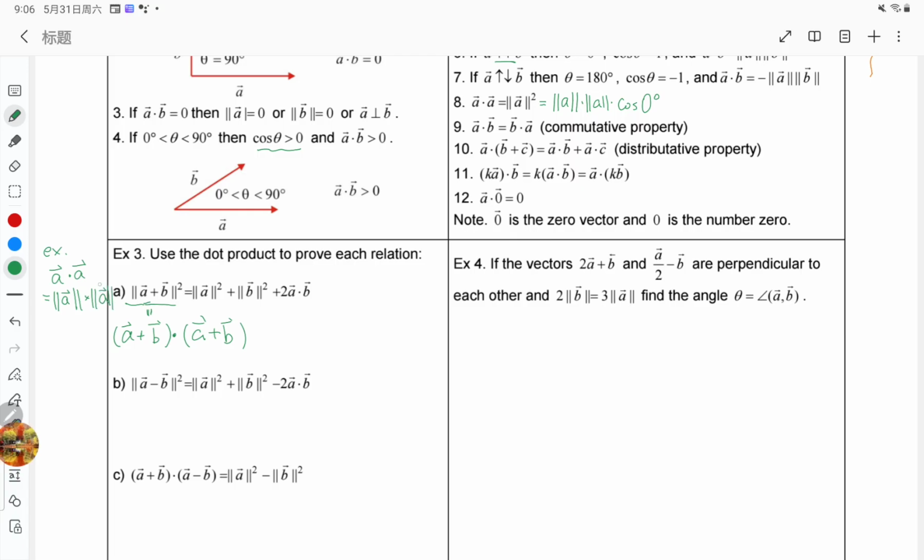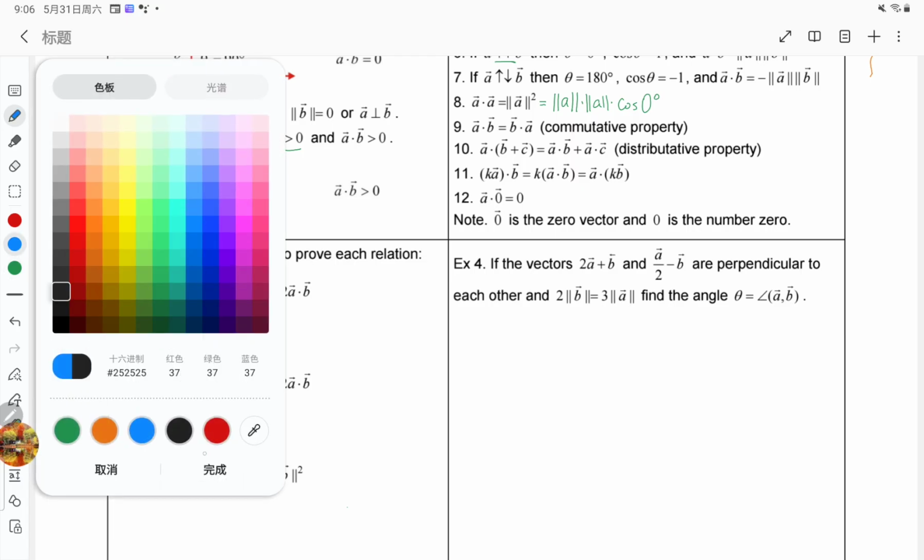Sorry, there's not enough room, but times cosine theta, right? The angle of a vector with itself is 0, so with cosine 0, this just becomes a times a, or a norm square.